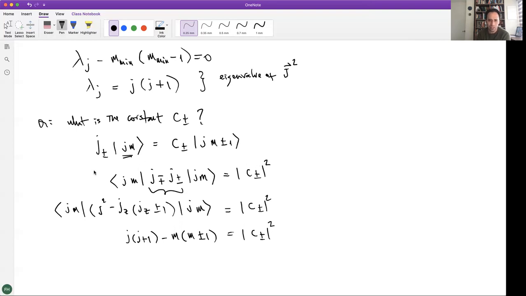We did this because the states jm have unit norm. That's the only thing we used, along with commutation relations to arrive at this. But that gives us an ambiguity: the ambiguity of the phase of this number c. So now there is a phase ambiguity.